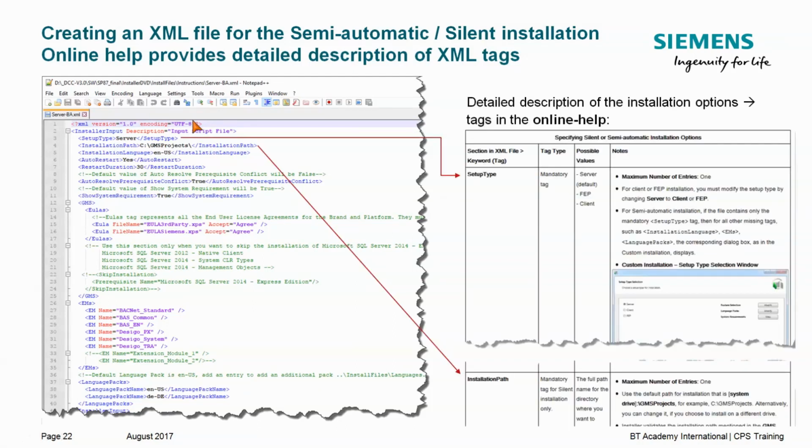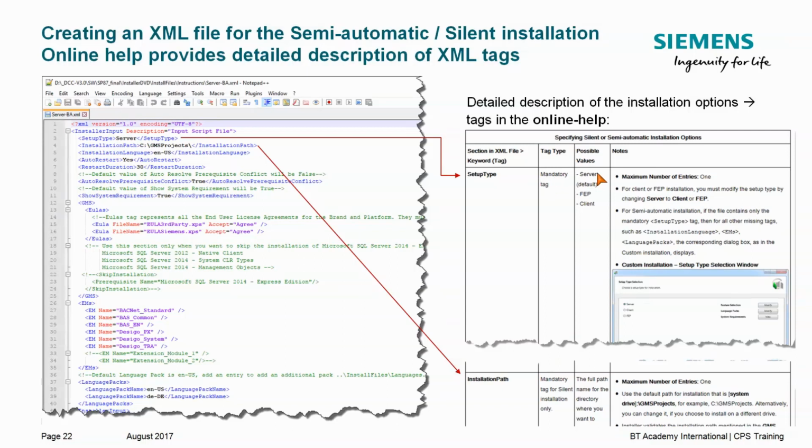The online help helps you to define this XML instructions file. For each section in this XML instruction file, I have a very detailed description in the online help. So for the setup type, I see if it's a mandatory tag or not. I see possible values. So this is clear.